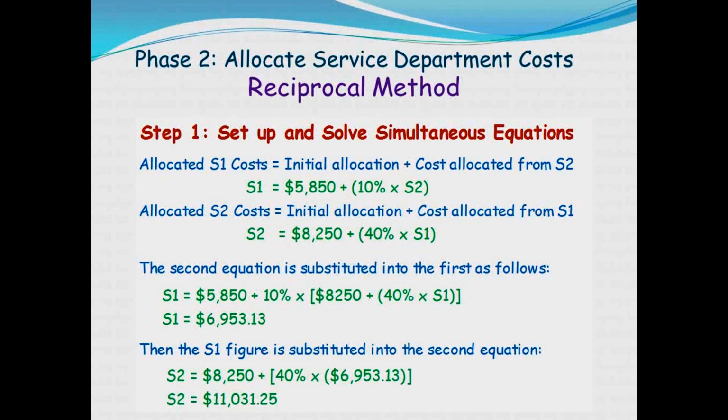The easiest way to do it is substitution, so you have one equation, one variable. Everybody remember this from 10th, 11th grade? You just take this 40% plus S1, put it in here, and you solve. And we did this math. Do it again. 6,900 and 11,000.